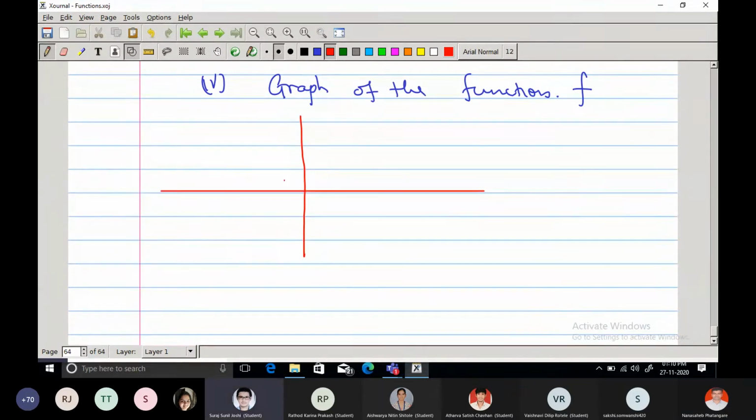It will be a sinusoidal curve. Let us see what it is. This is the x-axis, y-axis, and 1 and -1. So observe one thing.